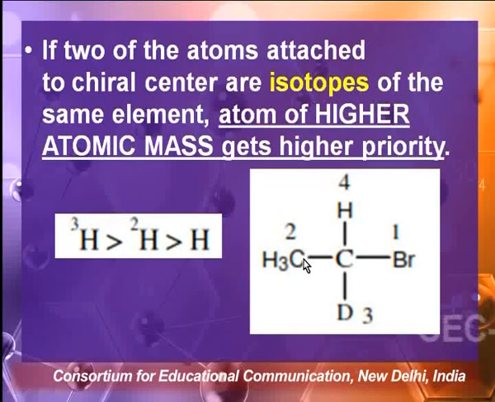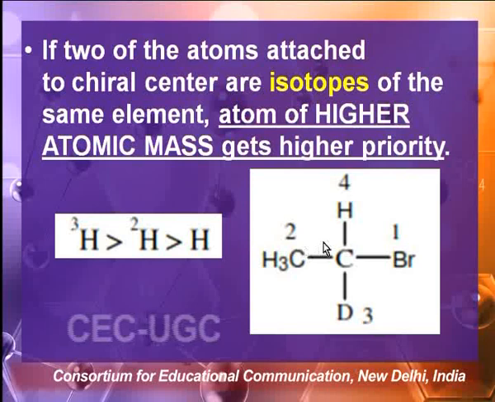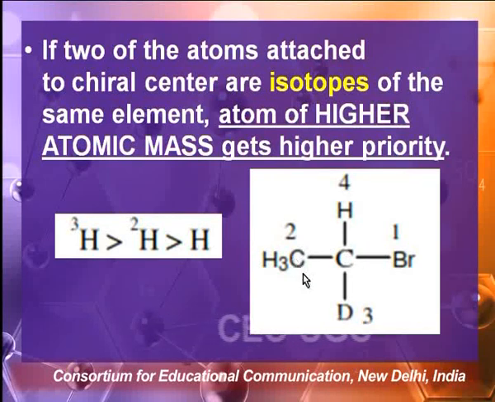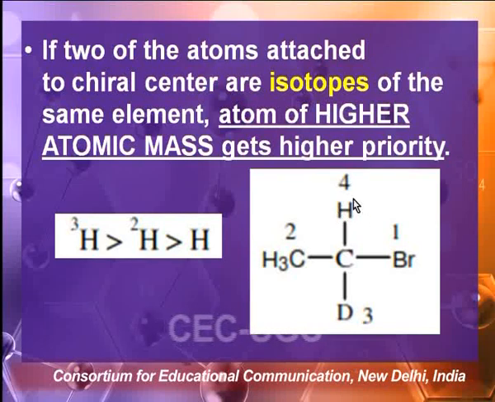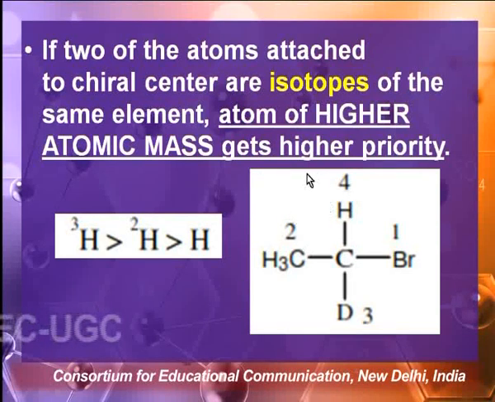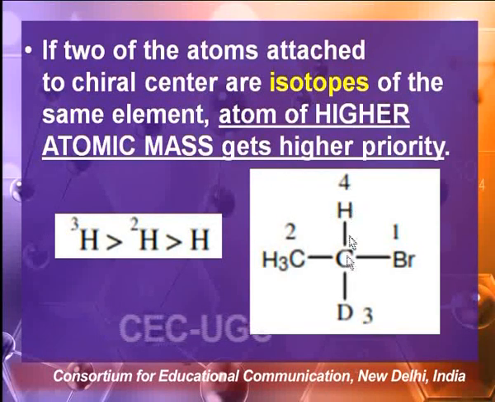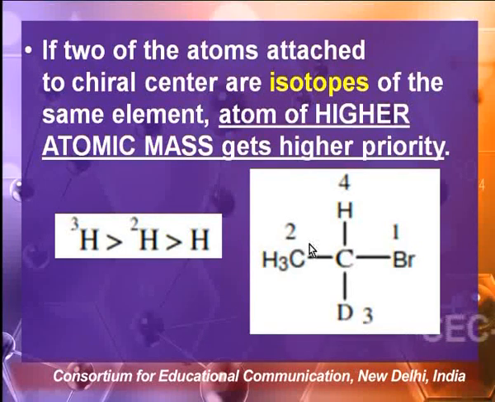Then we have carbon, followed by deuterium, and hydrogen has the lowest atomic mass, that is 1. But in this case please remember we are not taking atomic numbers, we are taking atomic masses. If we were taking atomic number, the atomic number of bromine is different from carbon, but what about deuterium and hydrogen?